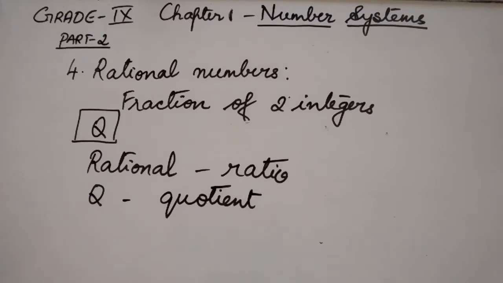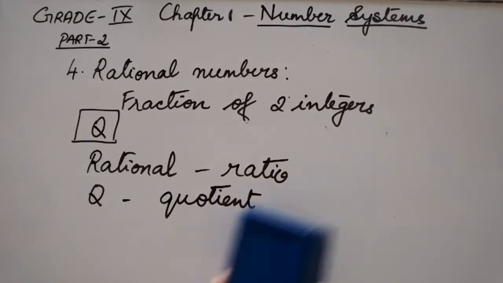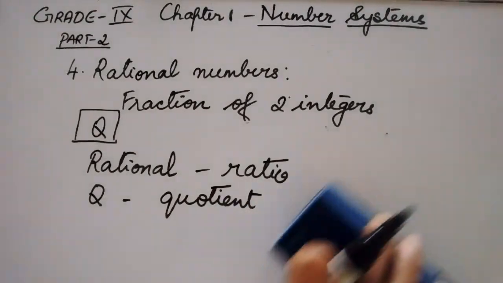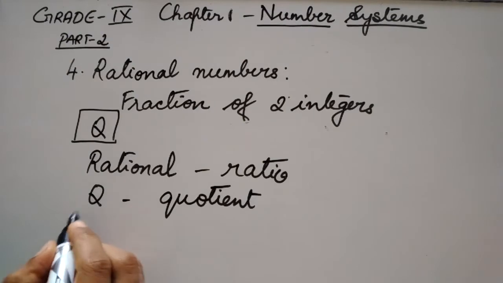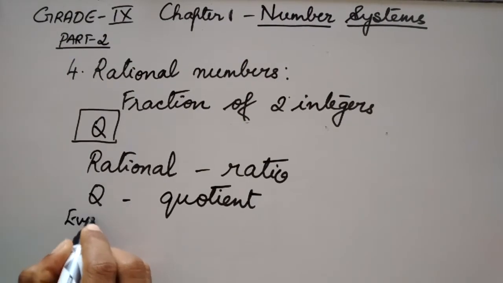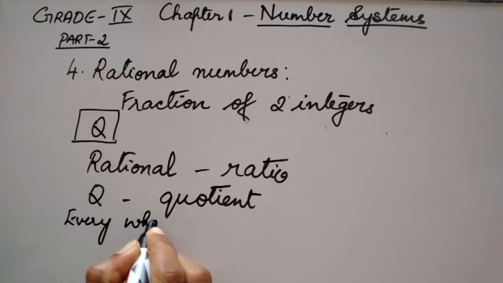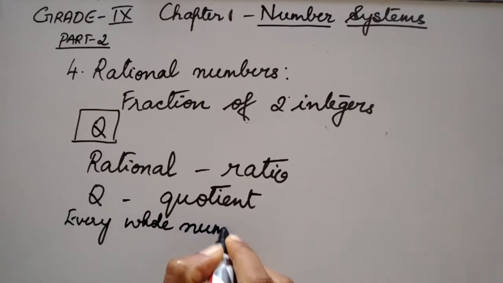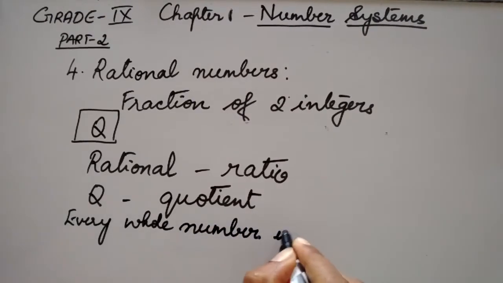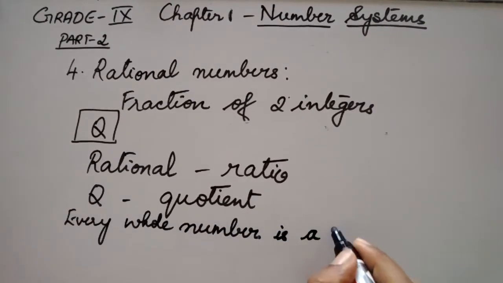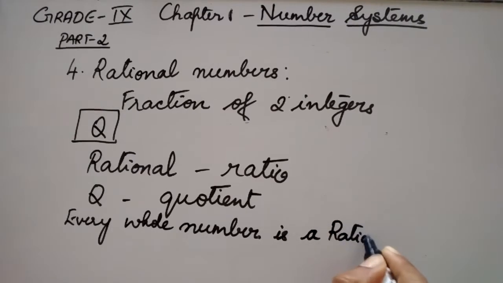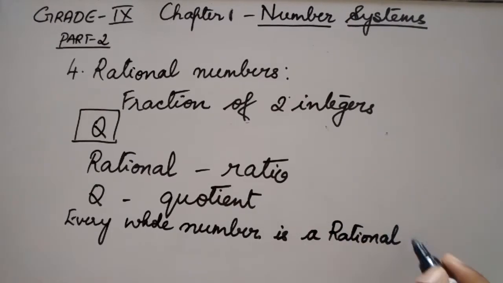So here in the set of rational numbers, every whole number is a rational number. Kindly note it down, students. Every whole number is a rational number.